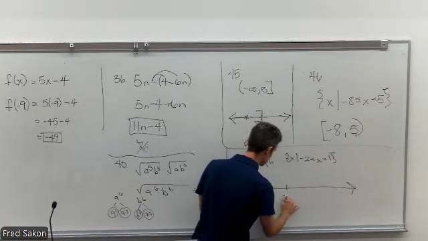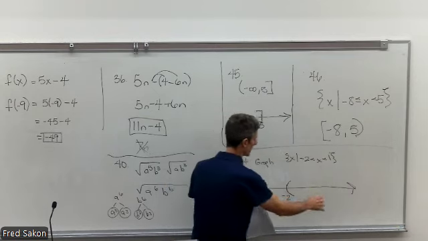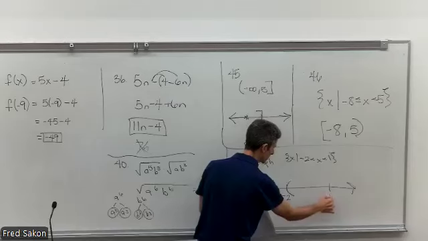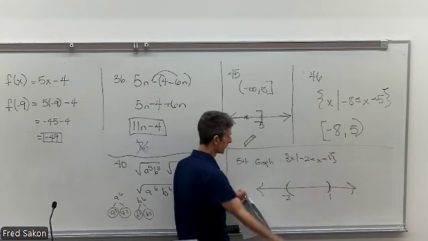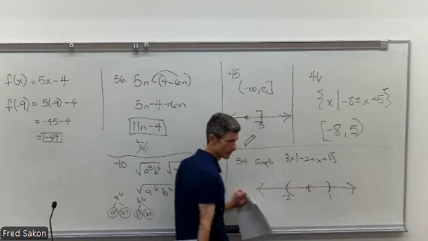So at negative 2, we're going to click on the parenthesis that goes this way and click there. At 1, we're going to click on the parenthesis that's facing this way and click there. And then we're going to do the marker and color in the middle.